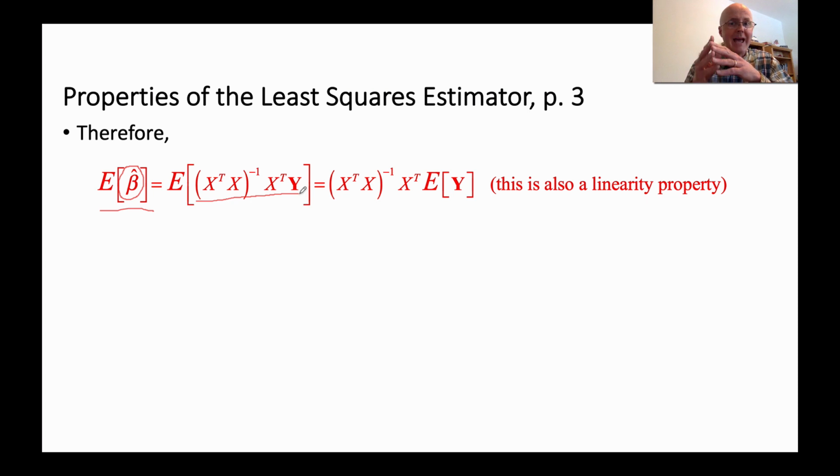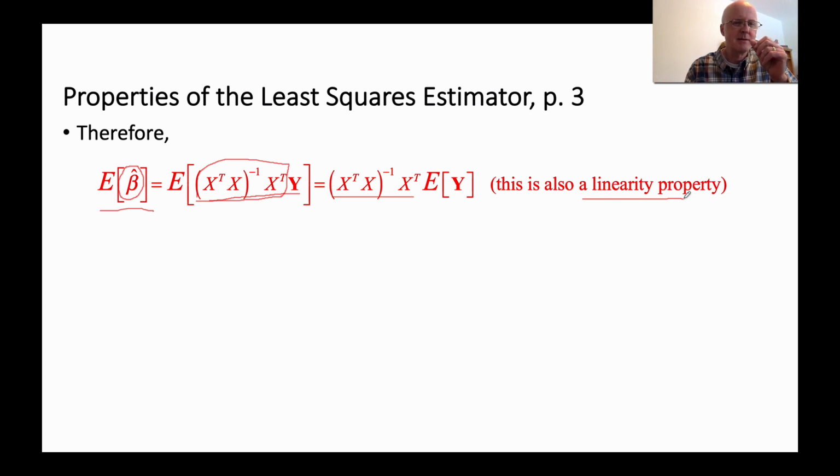That beta hat, which before we really called boldface B, is X transpose X, quantity inverse, times X transpose times Y. And then this is a constant matrix that can be factored out of the expectation here. This is also a linearity property. I'm not really proving it, but that's true.